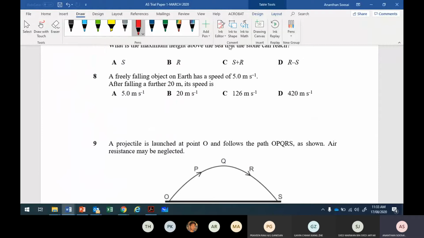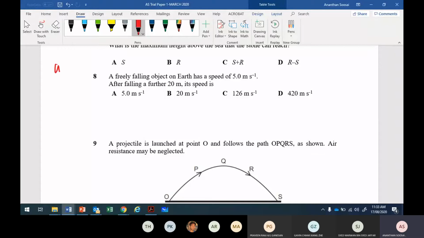A freely falling object on Earth has a speed of 5 meters per second. After falling a further 20 meters, its speed is... This is your kinematics, right?